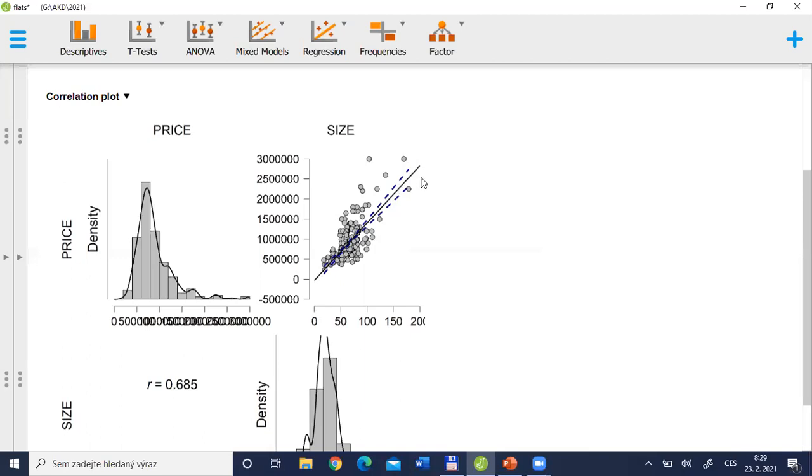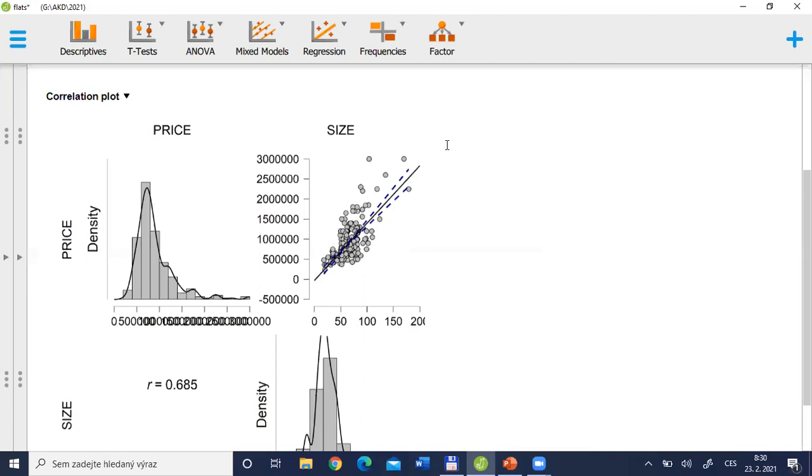One more comment: if your points are quite close to the line, it means that your model fits your data quite well. If these points are quite far from this line, maybe your model would be quite poor. So for these data, you can see that these points are quite close to our regression line. So it means that this model is quite good for my data.